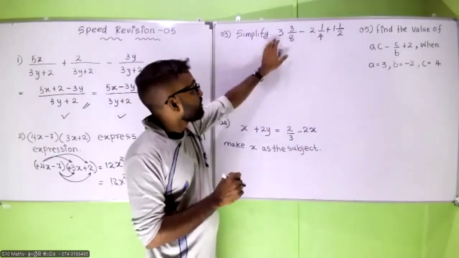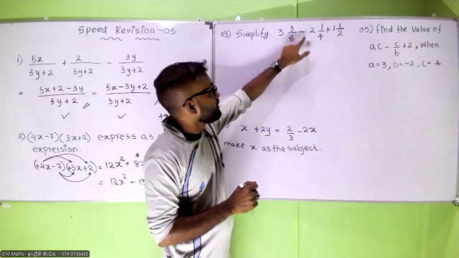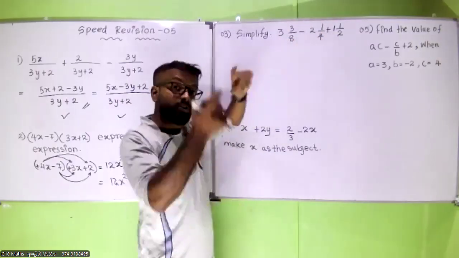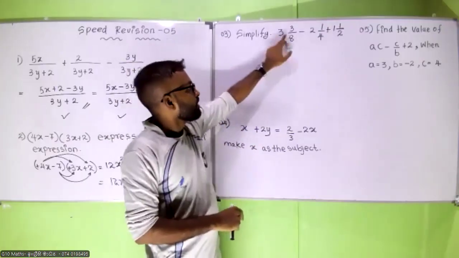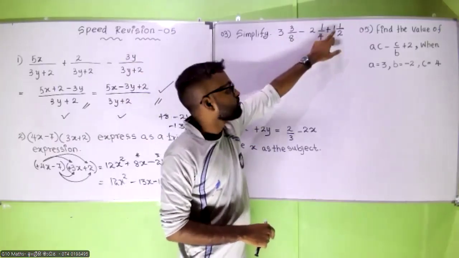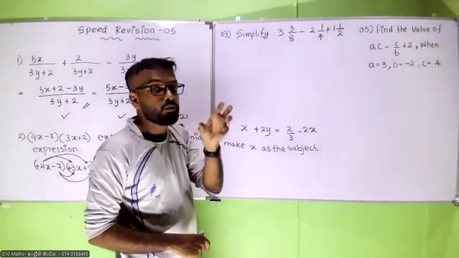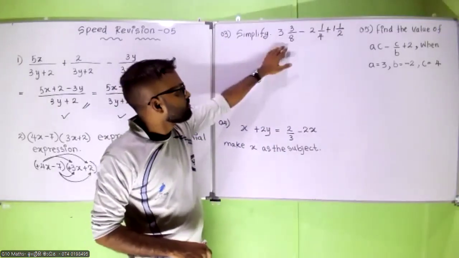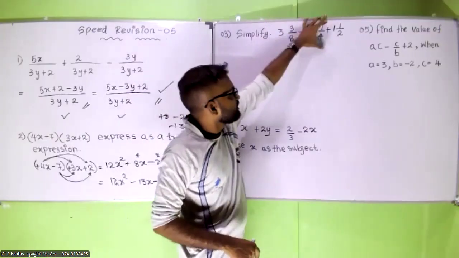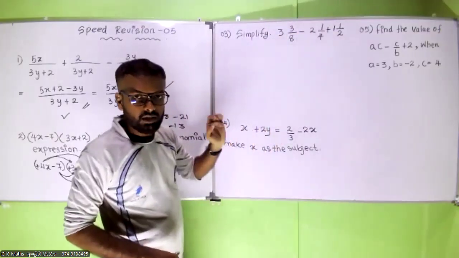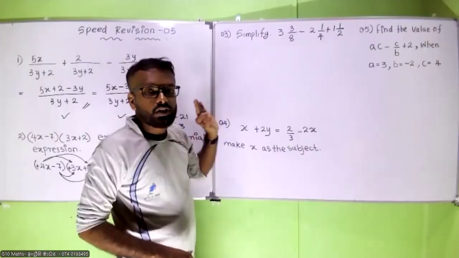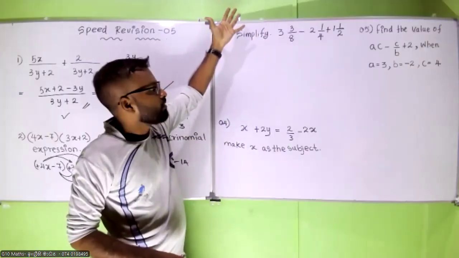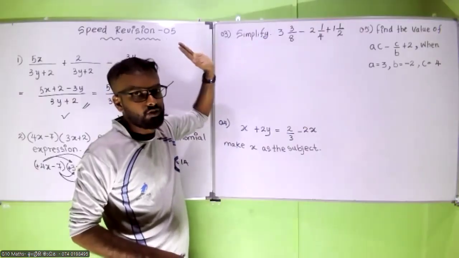Or else you can simplify the whole number parts first. 3 minus 2, 1. 1 plus 1, 2. So the whole number part would be 2. Then you can later simplify this fraction and that fraction. So that is one of the ways you can do it. But I will convert these into improper fractions first.